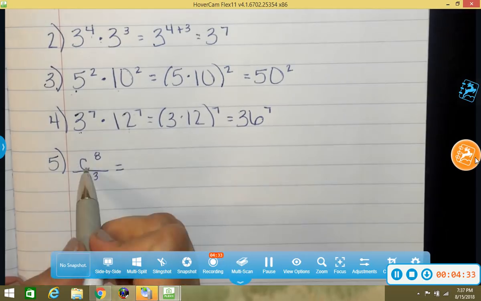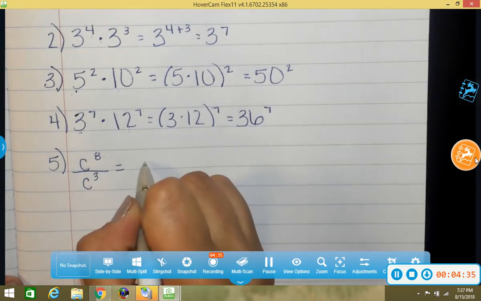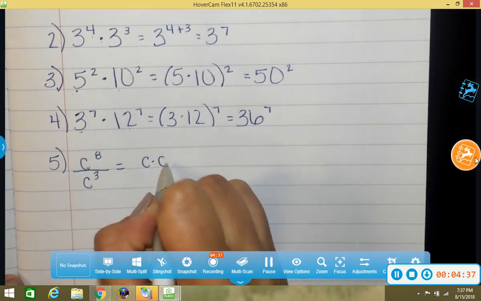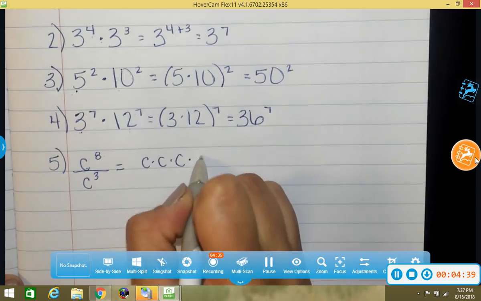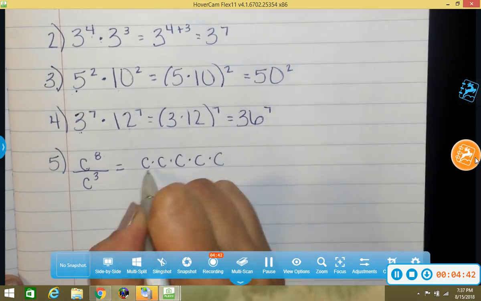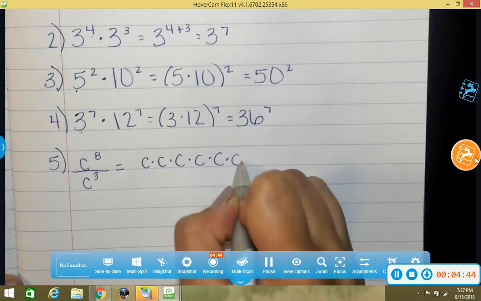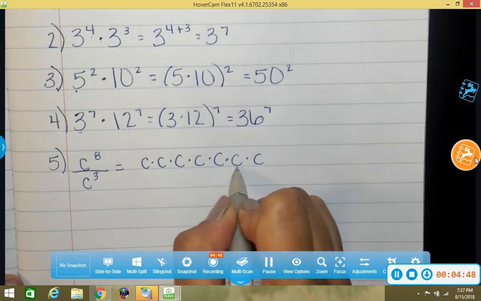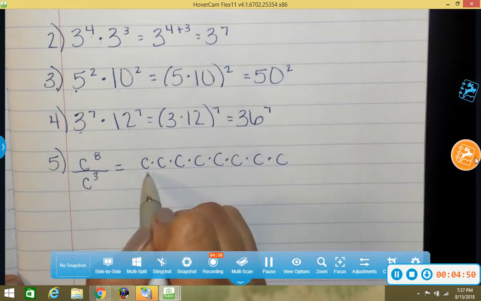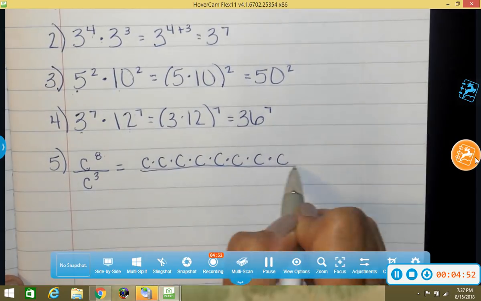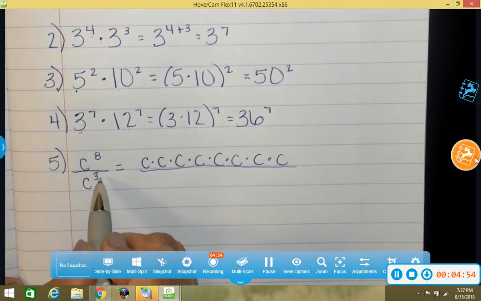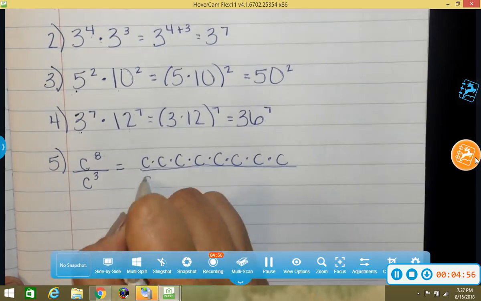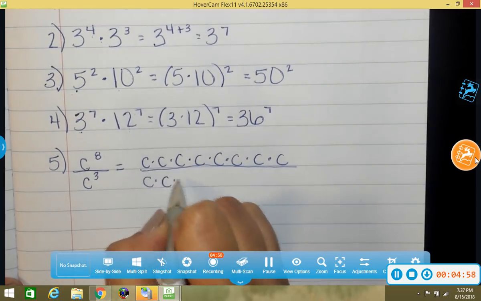So c to the 8th is like saying c times c times c times c times c, 1, 2, 3, 4, 5, times c times c times c. And then in the denominator we have c cubed, which is like saying c times c times c.